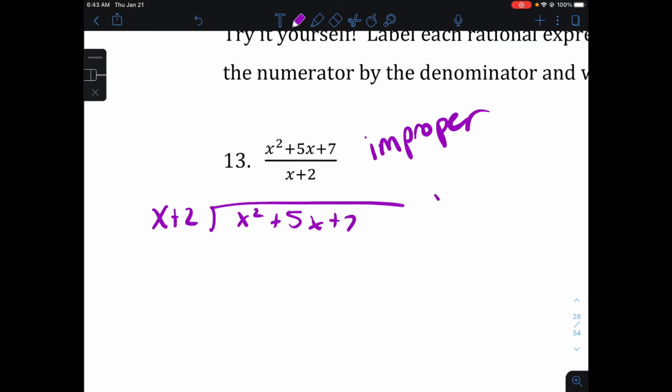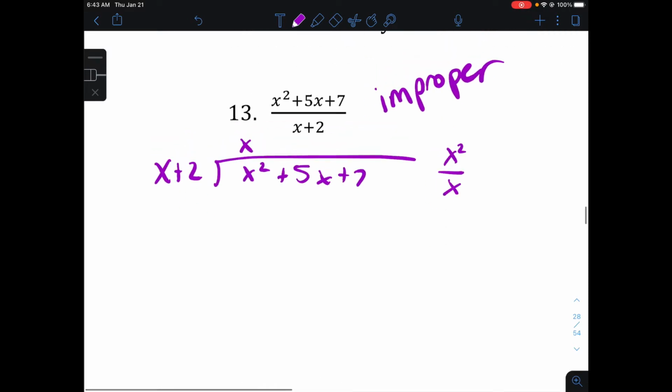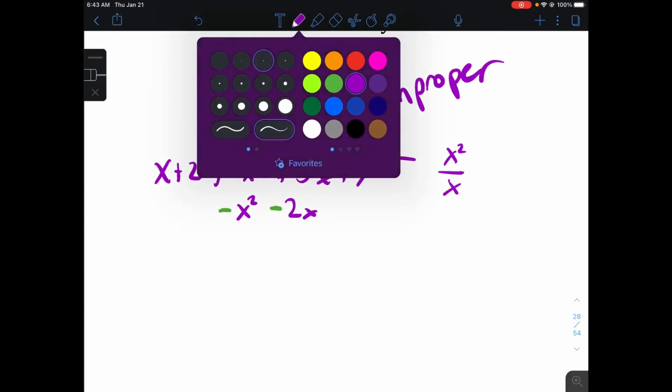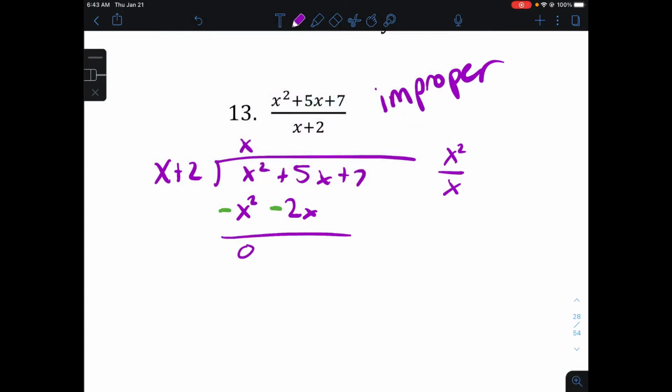We'll say x squared divided by x is going to give us an x up top. Then we multiply. We get x squared plus 2x, and then we have to change the sign. So we'll do a minus, and this will change to a minus. Then we've got 0 and 3x. Then we bring down our 7, and 3x divided by x gives us a 3.